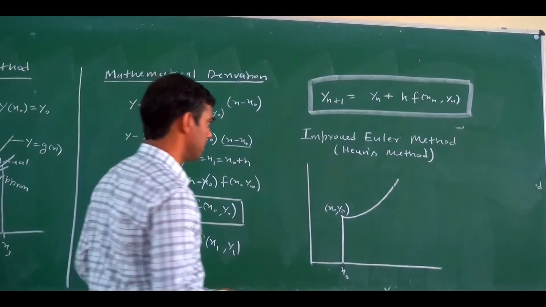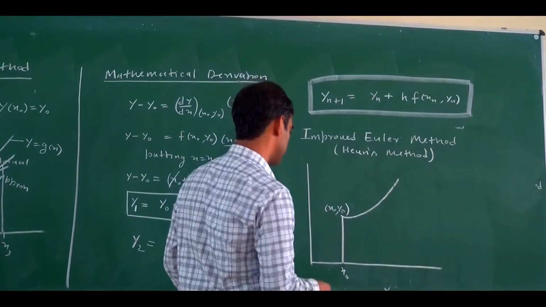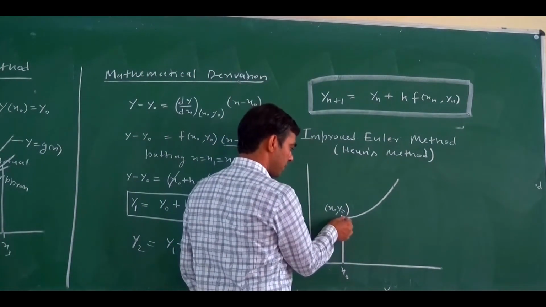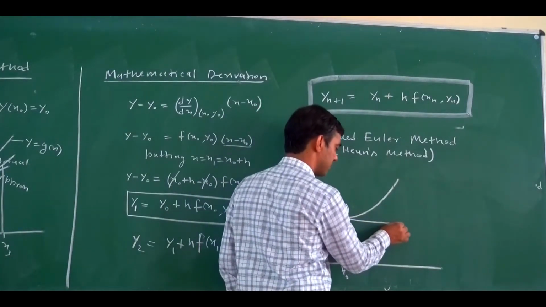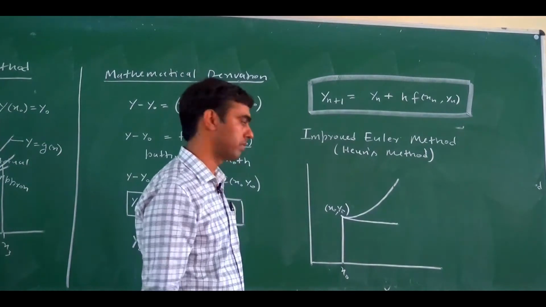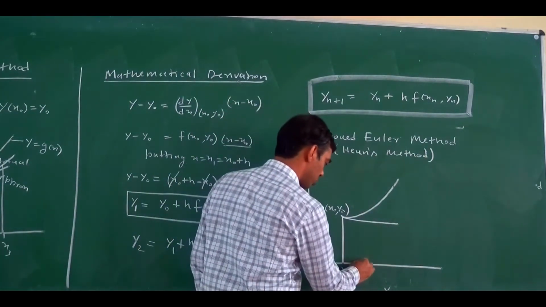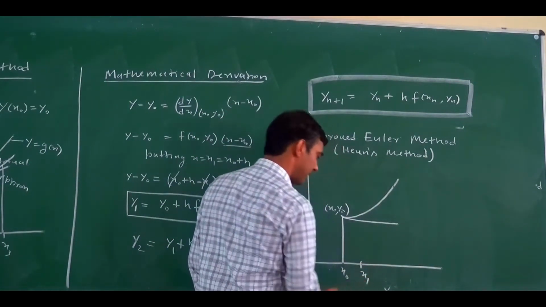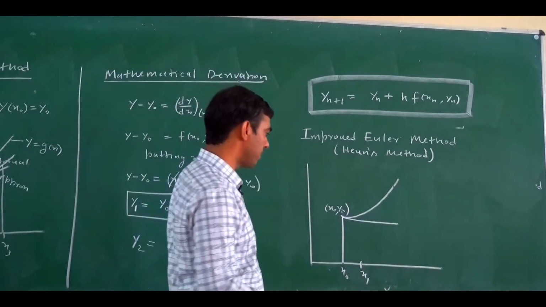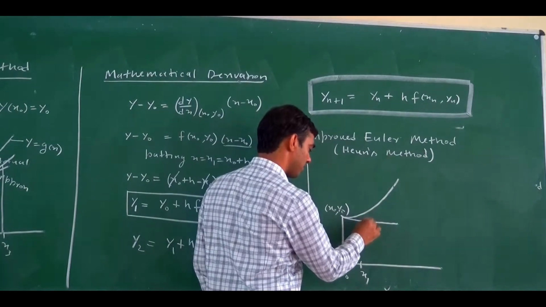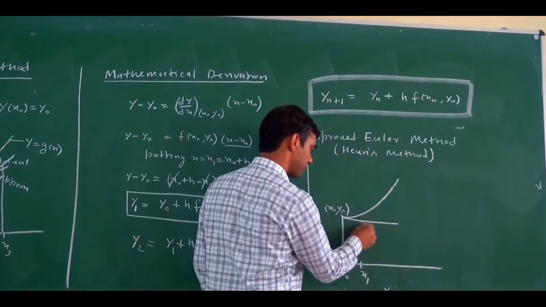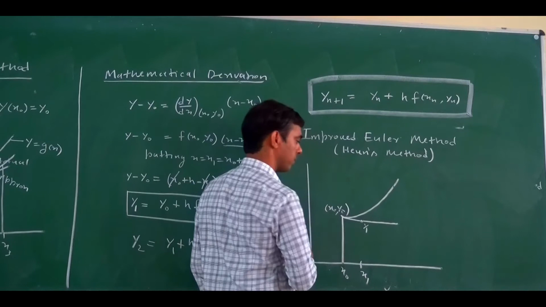So in the improved Euler method, which was developed by Heun, he draws the tangent at this point, like in the Euler method. Then at x1, find the value of y1 with the help of this tangent.